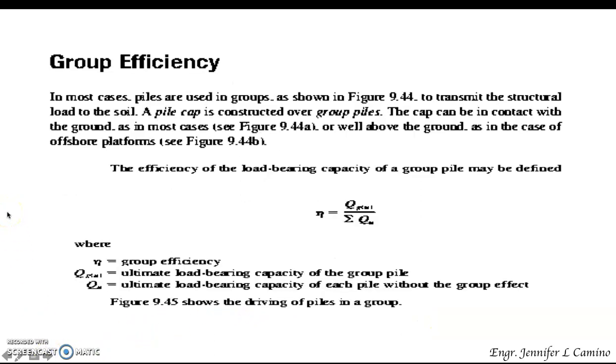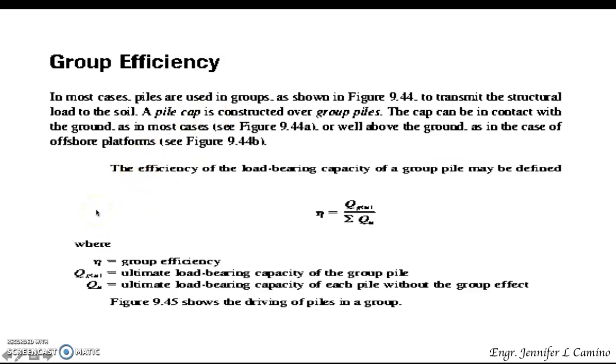Now let's move on to group efficiency. In most cases, piles are used in groups. As shown in our figure, to transmit the structural load to the soil, a pile cap is constructed over the group pile. The cap can be in contact with the ground, as in most cases, or well above the ground, as in the case of offshore platforms.